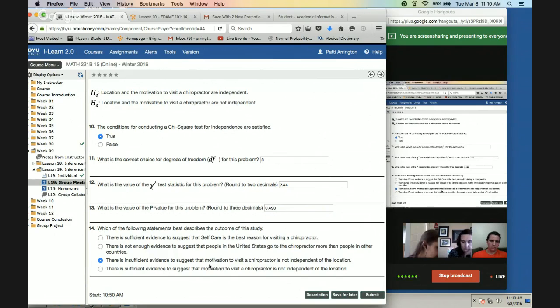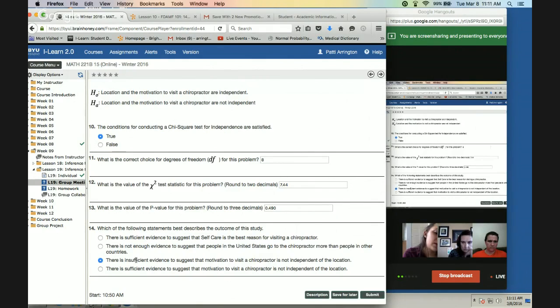So it's motivation to visit a chiropractor is not independent of the location. We either have sufficient evidence to say that it is, or insufficient evidence to say that it is. So you know for sure it's going to be one of the bottom 2, and you already look at the second half, which is the alternative hypothesis.